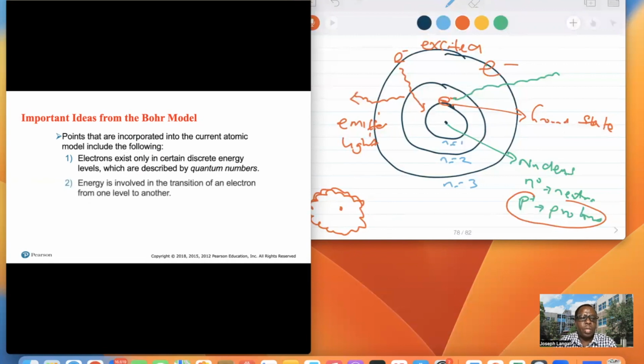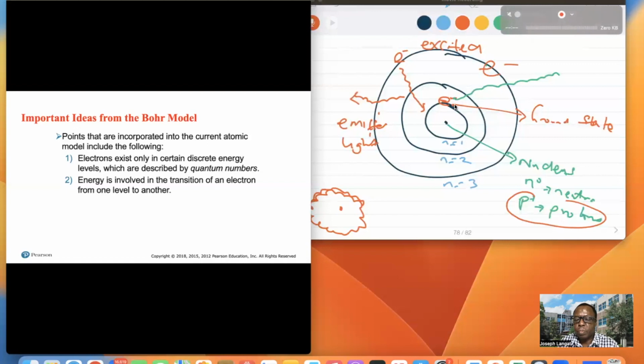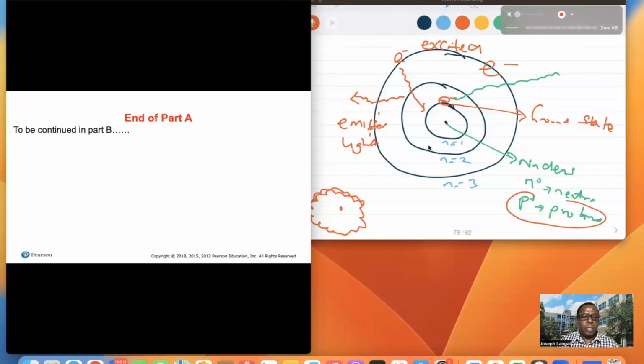What is also true from Bohr's hydrogen model of an atom is that energy is involved in the transition of an electron moving from one level to another. It is true, even though he had some limitations. It is still true that the transition from any energy level to another energy level involves energy.